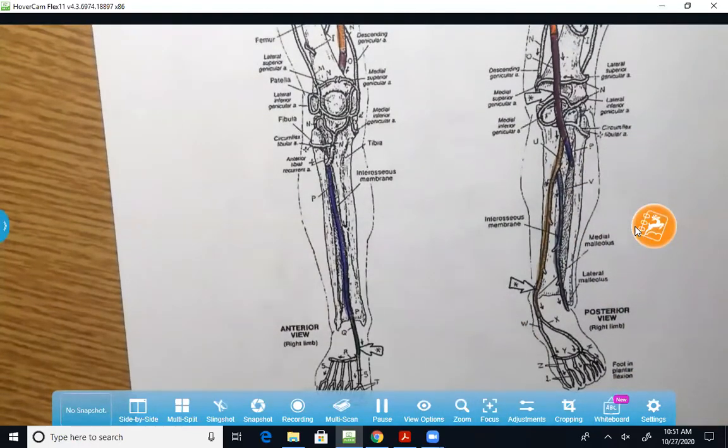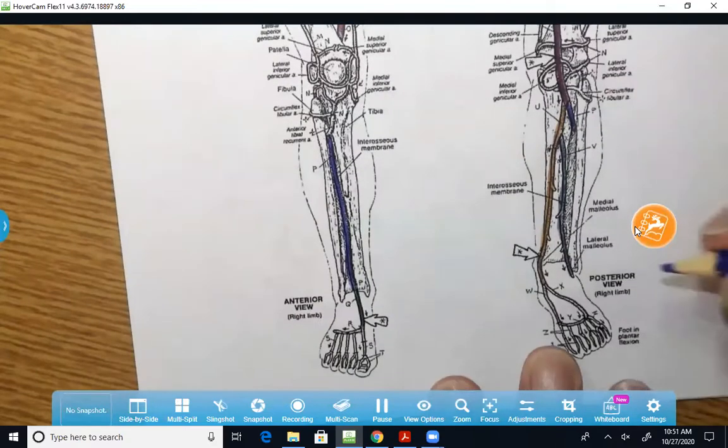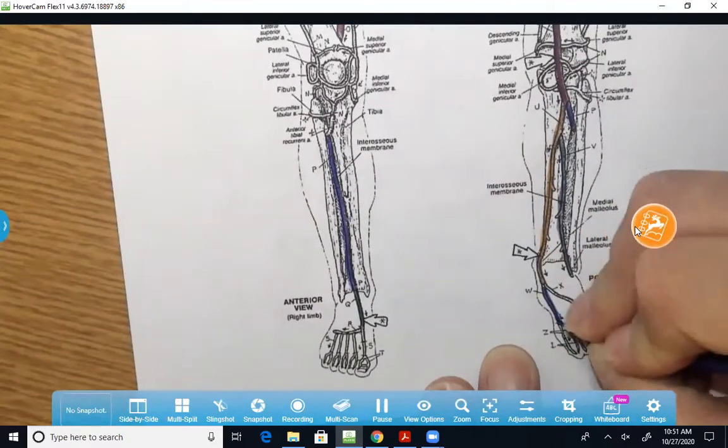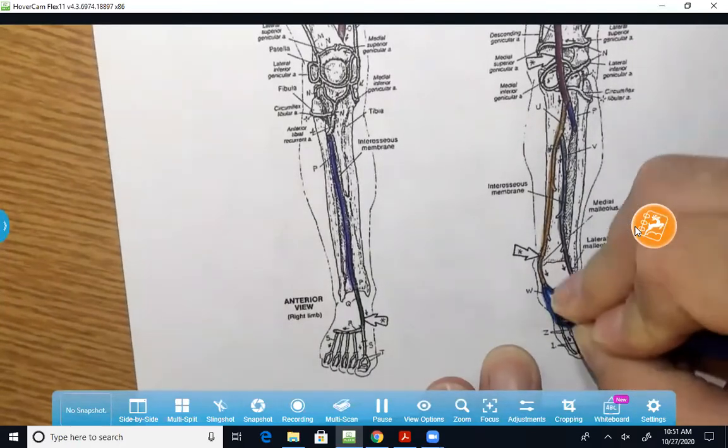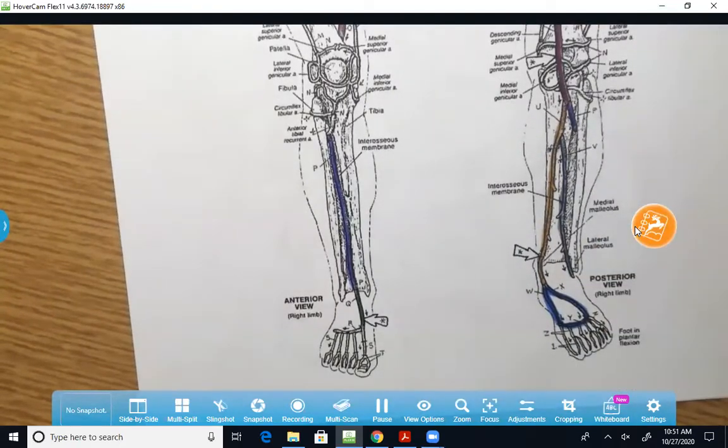And then on the bottom of the foot, remember the word plantar always refers to the bottom of the foot. This kind of loop there, your plantar arteries. Same thing, I'm not going to worry about you knowing your toe arteries.